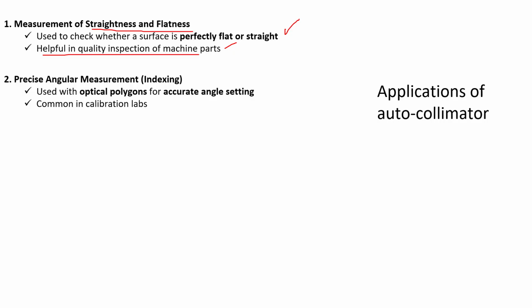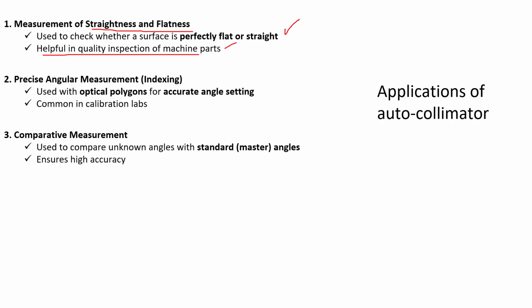The autocollimator is used with optical polygons for accurate angle setting, and it is common in calibration labs. The next application is comparative measurement. The autocollimator is used to compare unknown angles with standard angles, which ensures high accuracy.